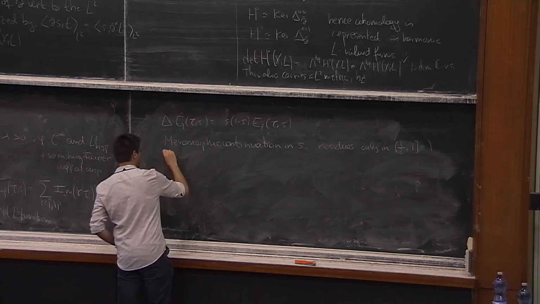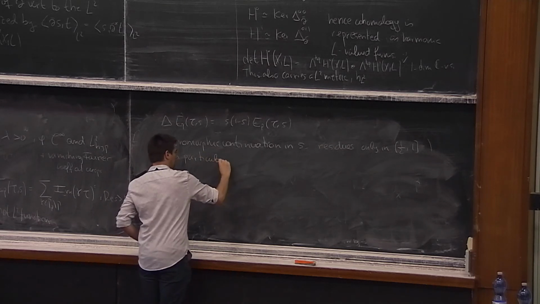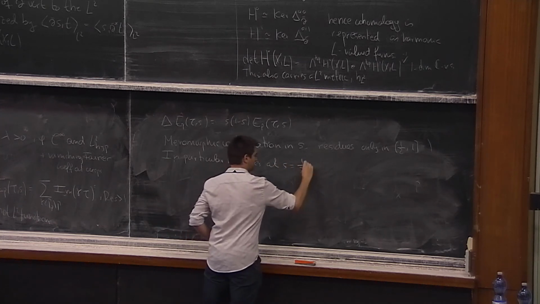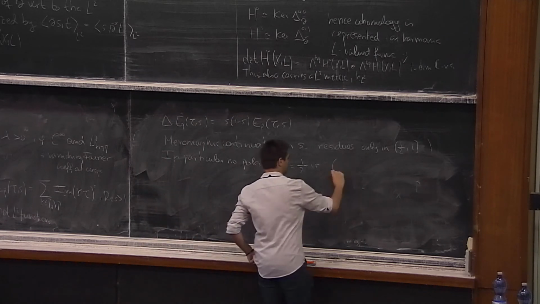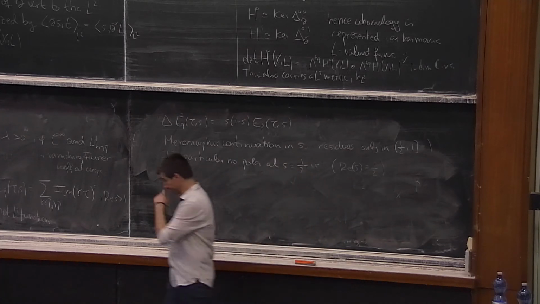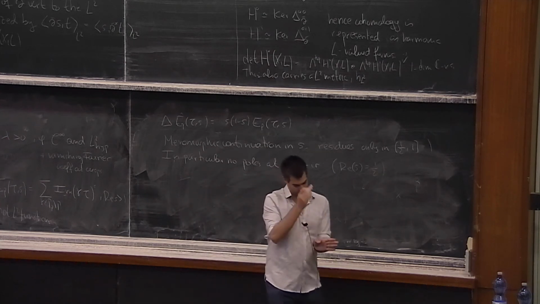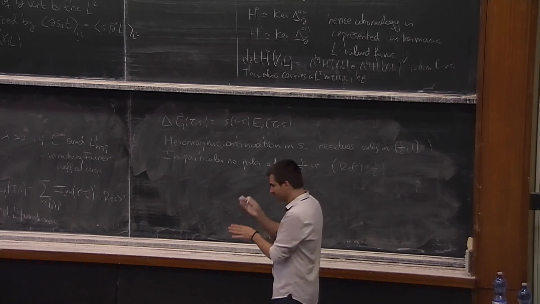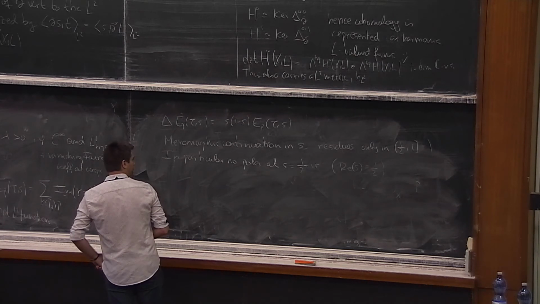They have, hence in particular, no poles at the line s equal 1/2 plus ir, so real part of s equal 1/2. This will be very important. And so this is the line in quantum mechanics where you have incoming waves and outgoing waves. So this is the separating line.